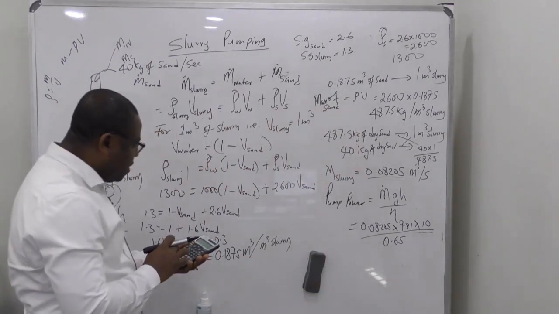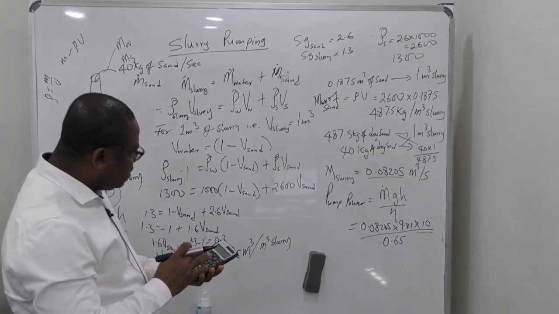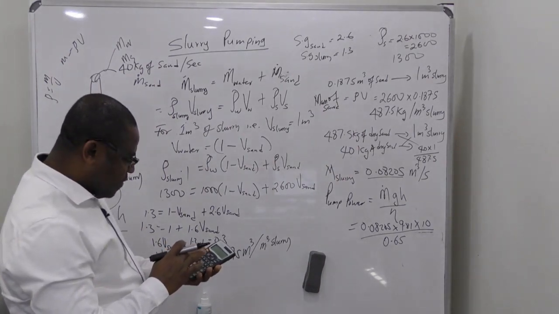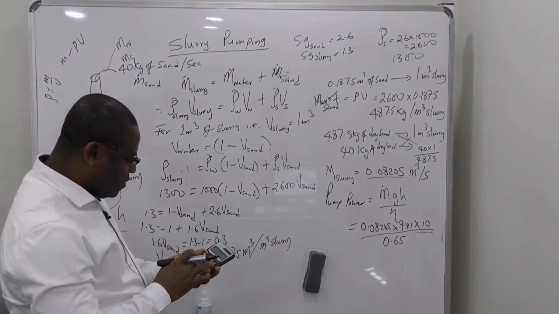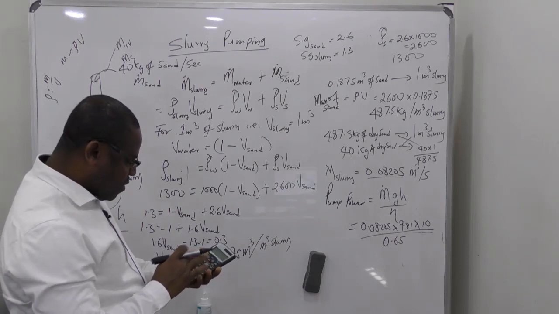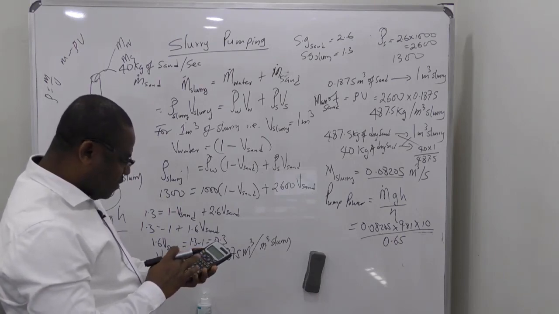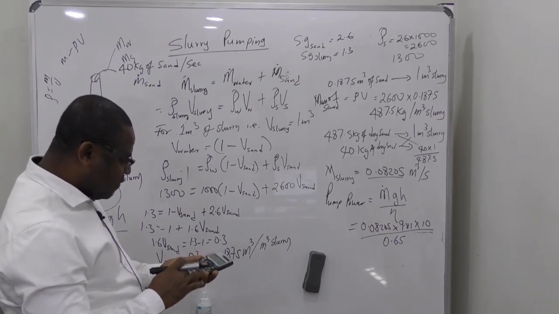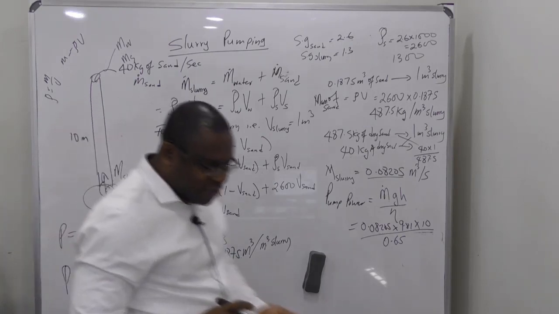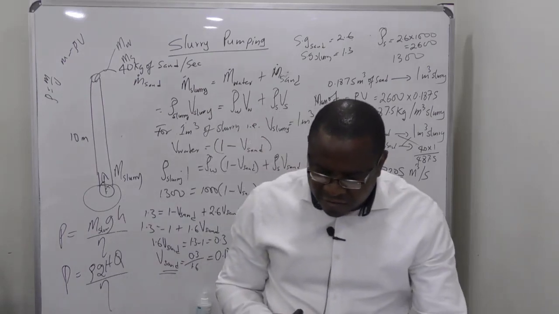So we have 0.08205 times 9.81 times 10, divided by 0.65. So check, 12 point something. I think there must be something I'm missing somewhere.